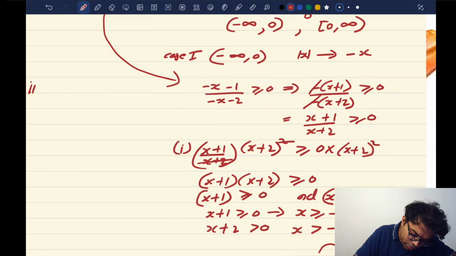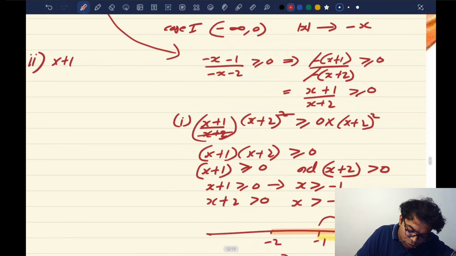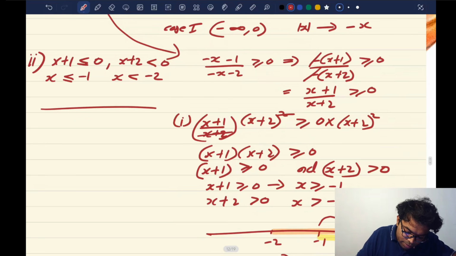This is going to be part 2. Case 2 is still there. So x plus 1 should be less than or equal to 0 and x plus 2 should be less than 0. So there will be x is less than or equal to minus 1 and x is less than minus 2. So this is minus 1, this is minus 2.